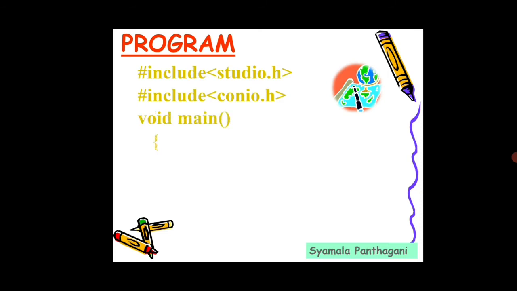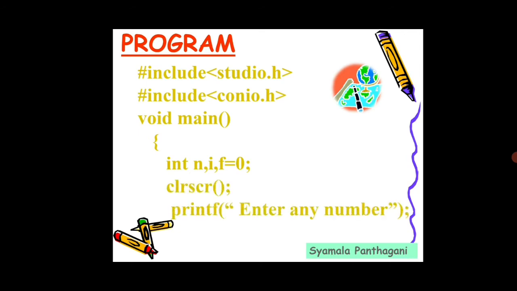Now void main open brackets, int n comma i comma f is equal to 0. We are initializing the variable f with 0. Next, clrscr, then printf, enter any number. Here we are taking the input from the end users.